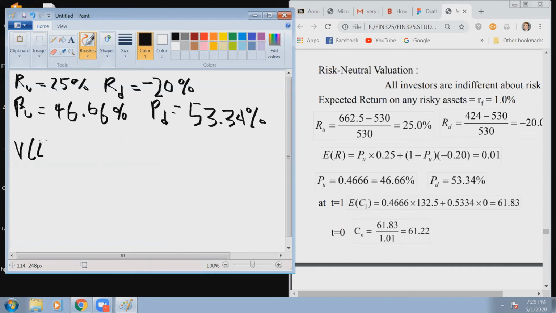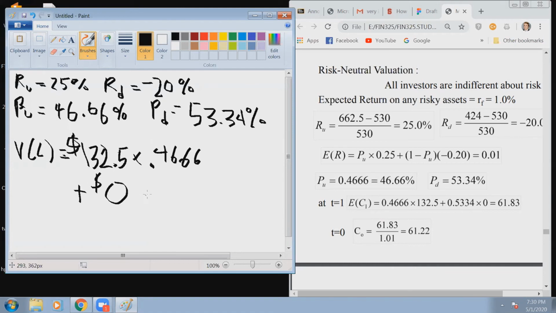So I'll show you the value of the call. In an upturn it will be $132.50 times 0.4666, which is the probability that we would get this payoff from the option. And we're going to add this to $0 times the 0.5334 probability of a downturn.